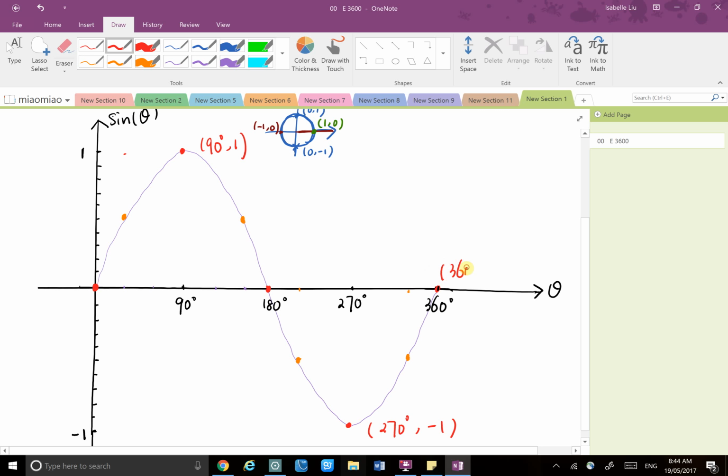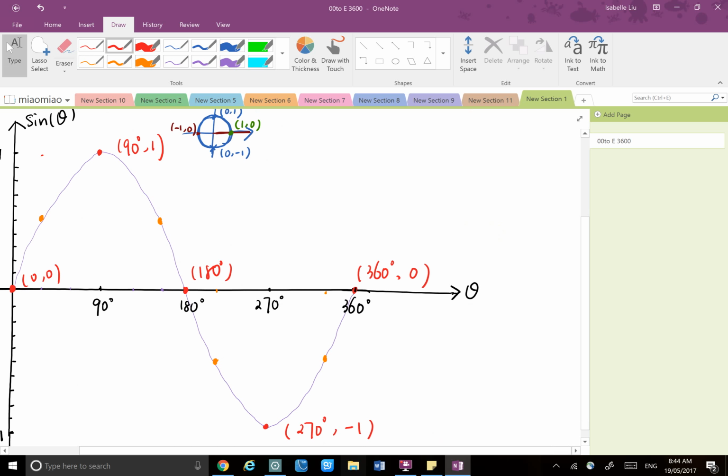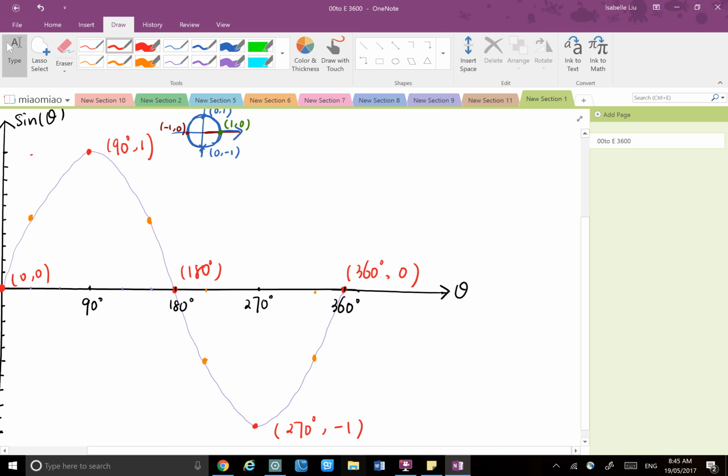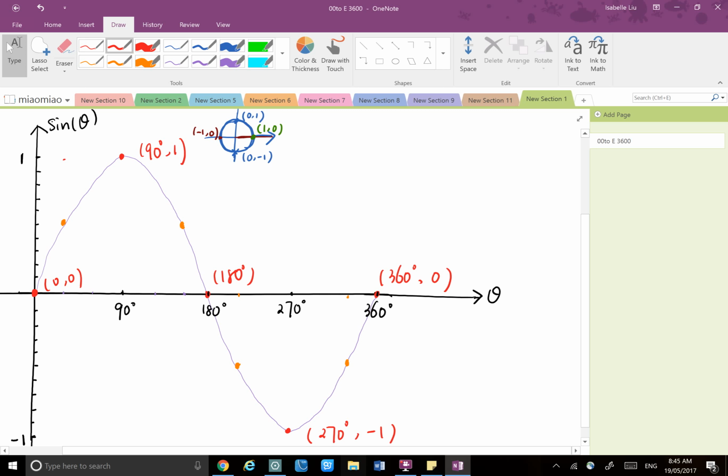And on the x-axis, you have 360, 0, 180, 0, and 0, 0. Okay, that's the graph for this angle turning one circle. One cycle. Turning from 0 to 360 is one full circle.